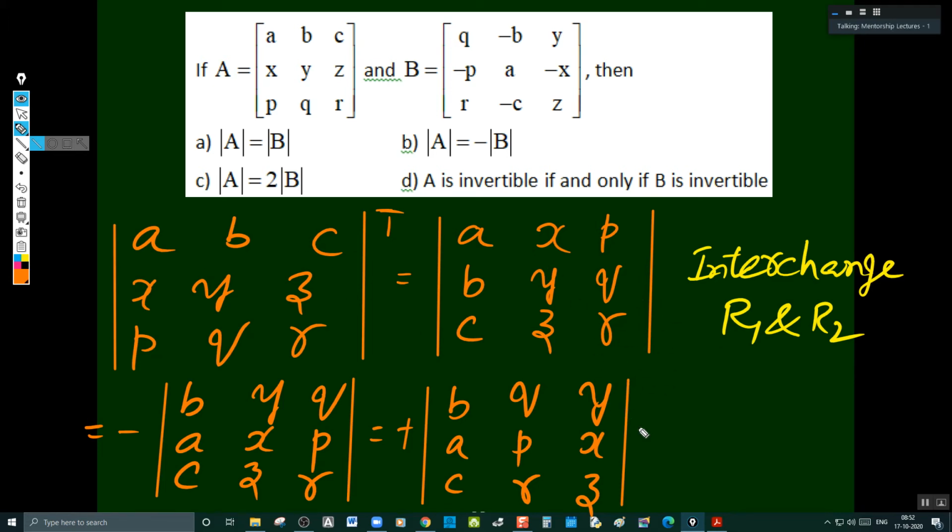What is to be done next? C1 and C2. So if you interchange C1 and C2: Q, P, R, B, A, C, and then YXZ.